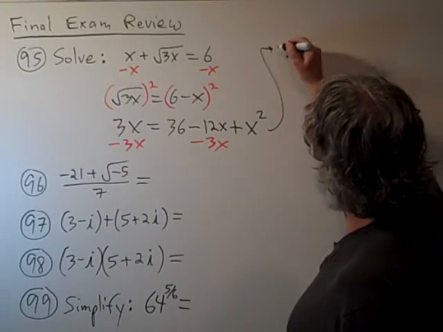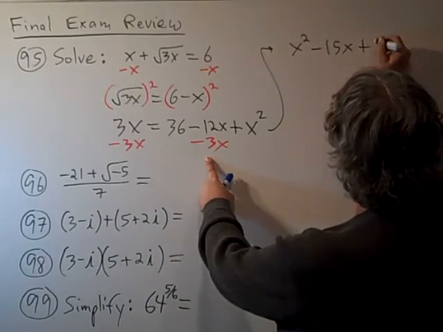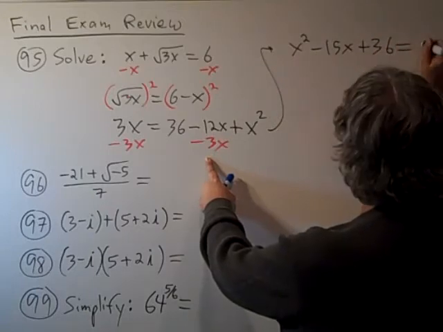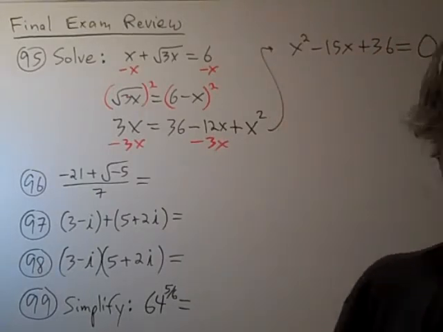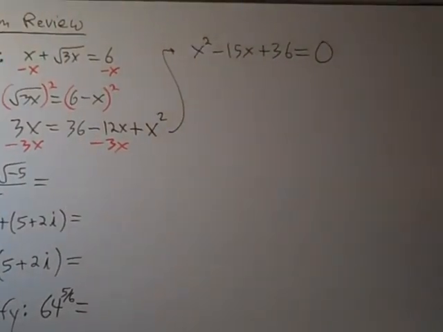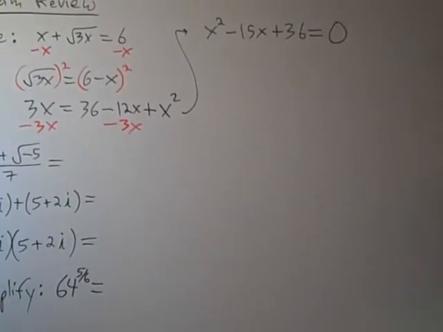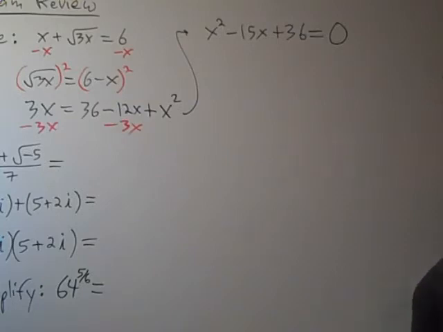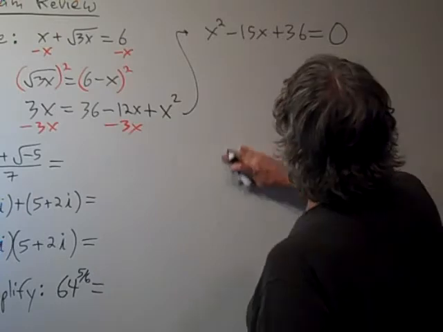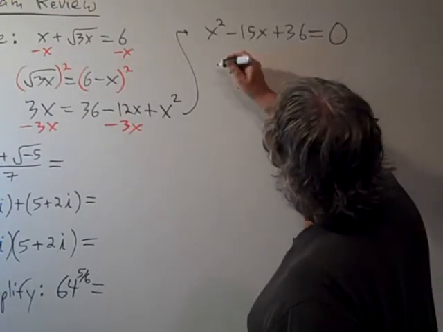This gives us x squared minus 15x plus 36 is equal to 0. Okay, so now let's use the quadratic formula to solve this.